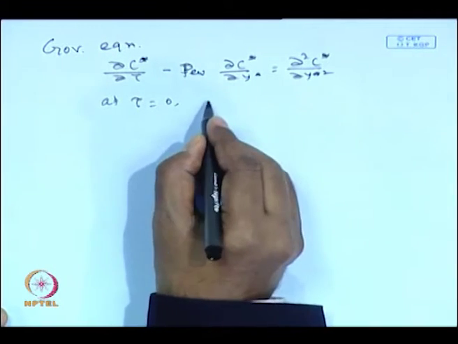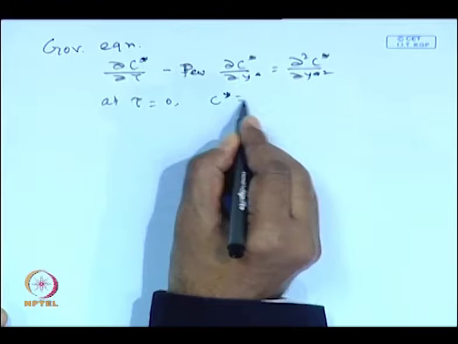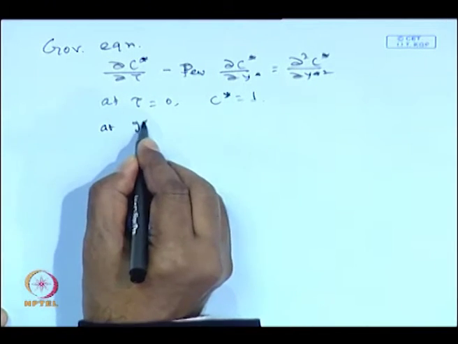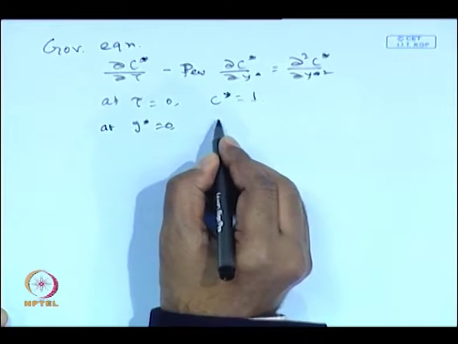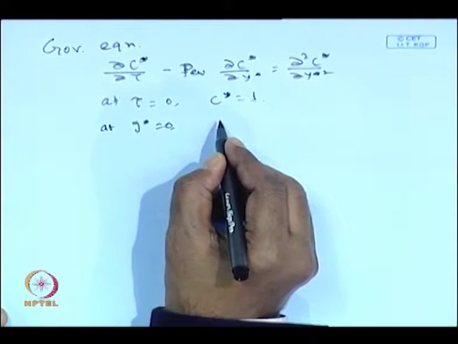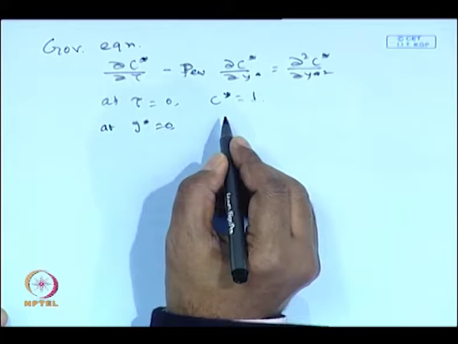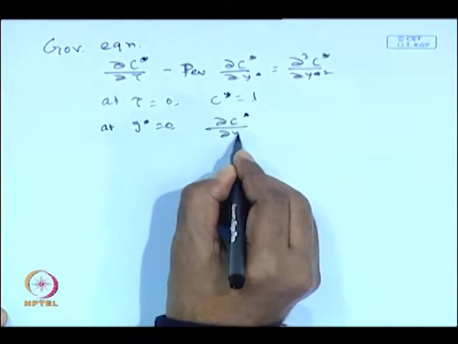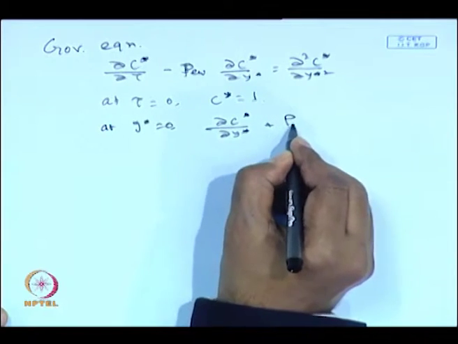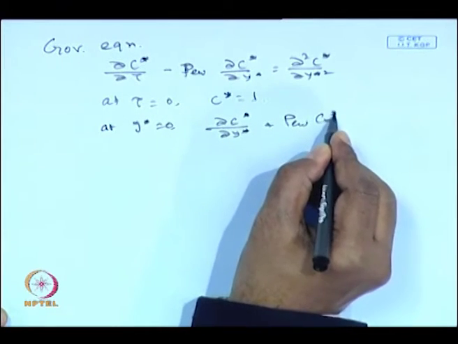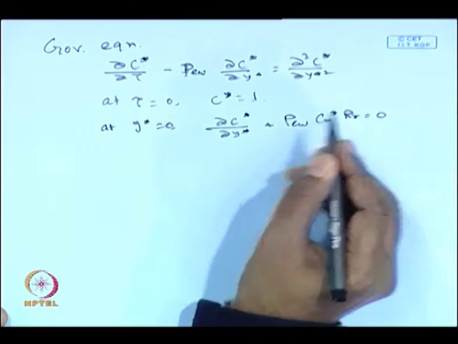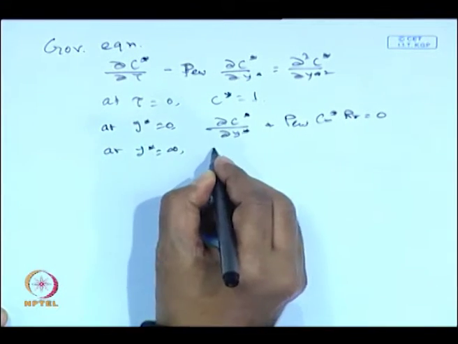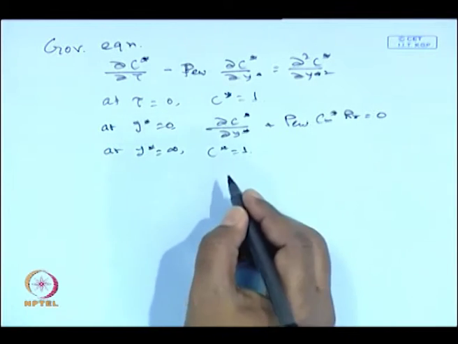At time tau equal to 0, that is the initial condition, C star is equal to 1, that is C is equal to C naught. At y star equal to 0 you have the mixed boundary condition, that is the convective flux towards the membrane and the diffusive flux away from the membrane will be equal: del C star del y star plus PeW Cm star times real retention is equal to 0, and at y star equal to infinity we had C star is equal to 1.